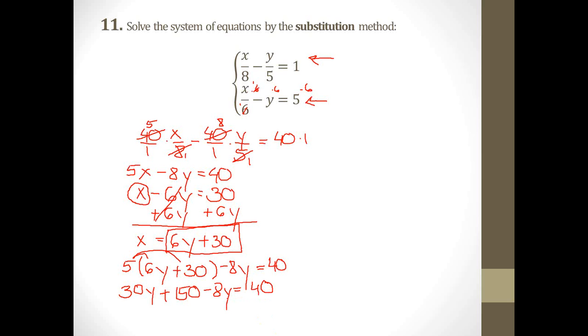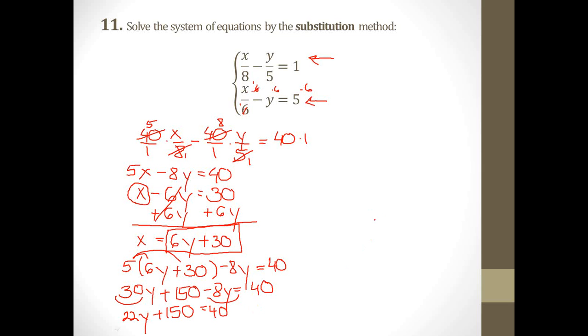Remember, our goal is to solve for y, so I see two like terms here. Let's combine these two. 30y minus 8y is 22y, and let's bring down the leftover terms. It's all equal to 40.